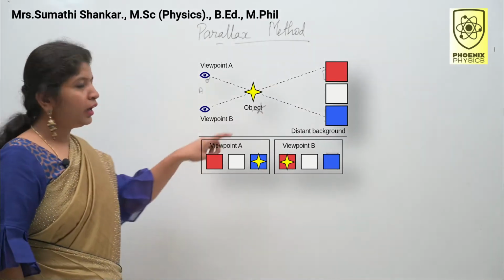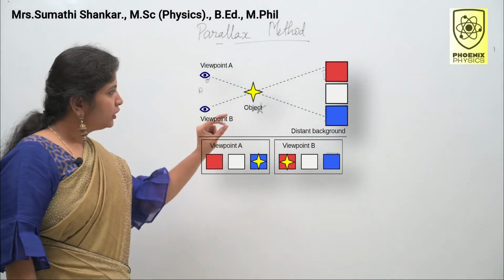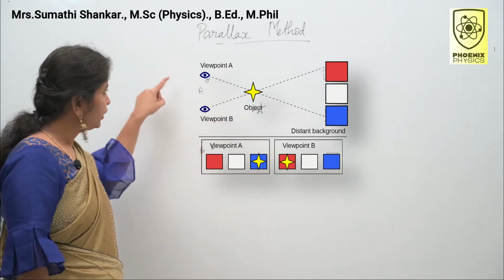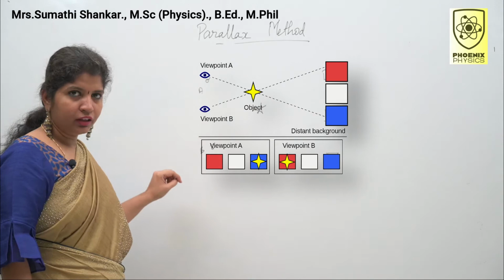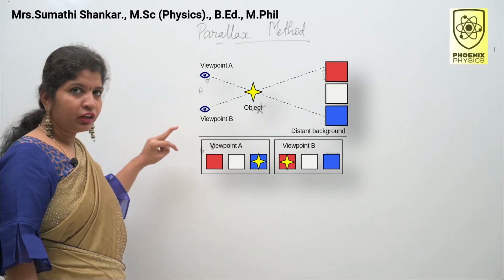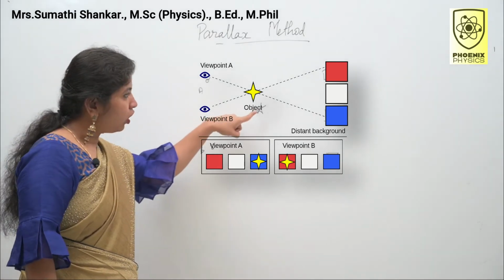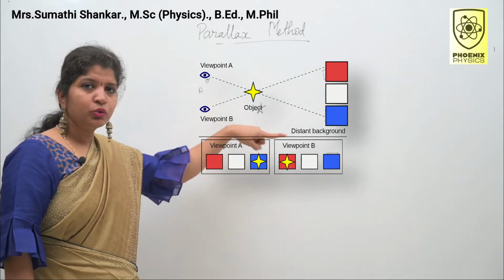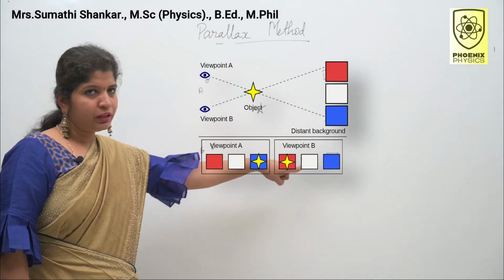Look at this picture, you can understand better. Here I am going to focus on this star-like object from two different positions, A and B. If I view this object from A, it appears to be in the B position.